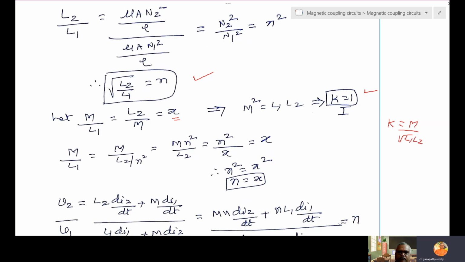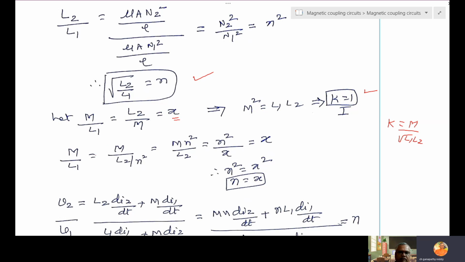K equal to 1 means best coupling, perfect coupling. Under this condition only, M square equals L1 L2. So when I equate M by L1 equal to L2 by M, then automatically K equals 1, under the assumption of perfect coupling that we are discussing.